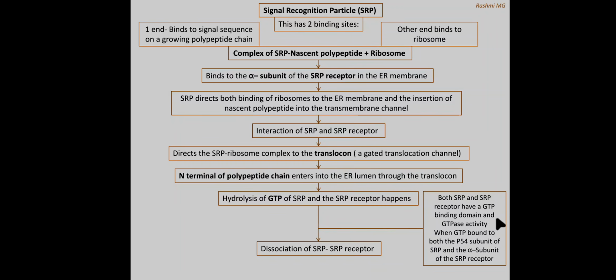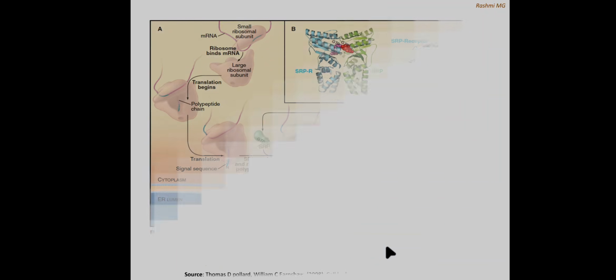Both SRP and SRP receptor have a GTP binding domain and GTPase activity. When GTP is hydrolyzed on both the P54 subunit of SRP and the alpha subunit of the SRP receptor, it leads to dissociation of SRP and SRP receptor.